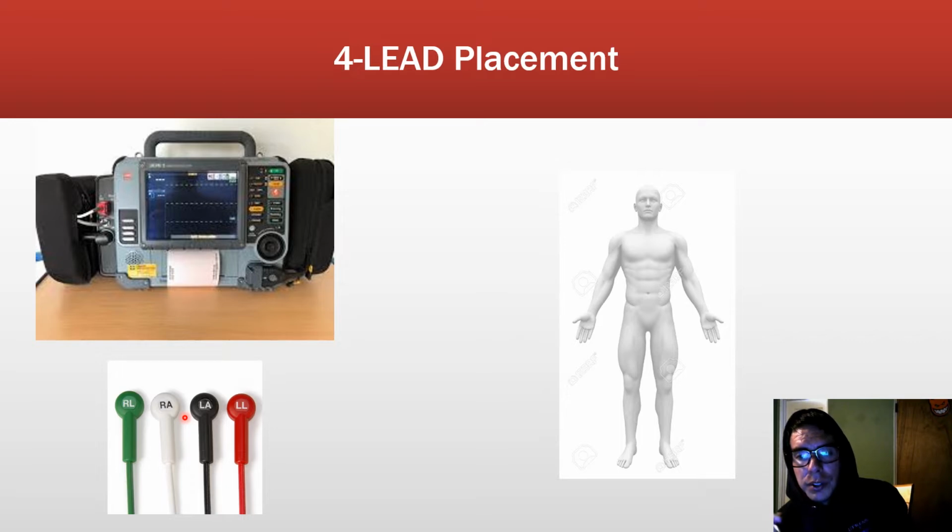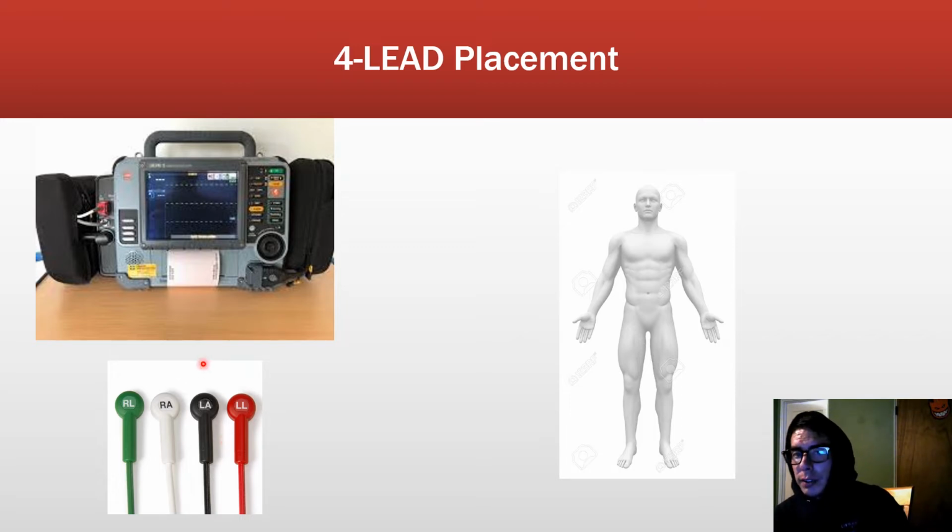And the saying goes, white on right, smoke over fire. So white, which is RA, right arm, goes on the right arm, because right arm. So white on right, right arm, smoke over fire, because when fire burns, smoke is above it, right? So that means that the black will go above the red.